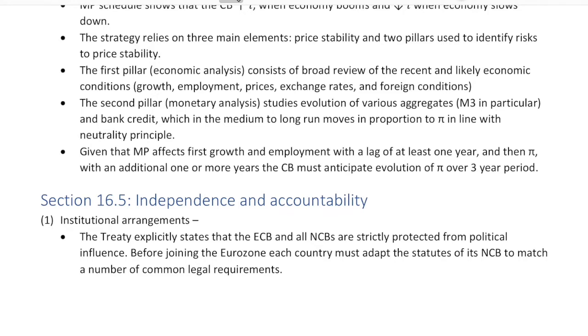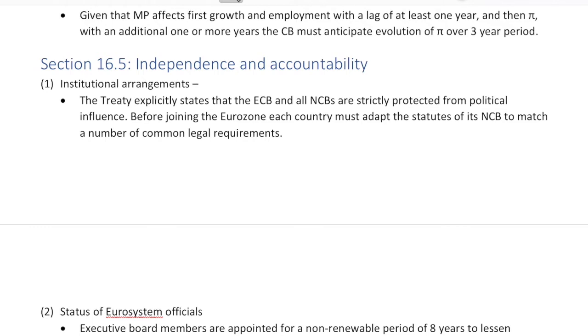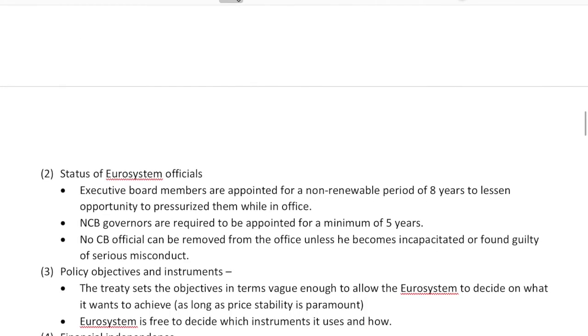Well, like most other components of joining the European Union, before joining the Eurozone, each country must adapt the statutes of its national central bank to match a number of common legal requirements set forth by the European Union. Okay, so basically, change your laws in their entirety to match what we want your laws to be, so that central bank independence is ensured.